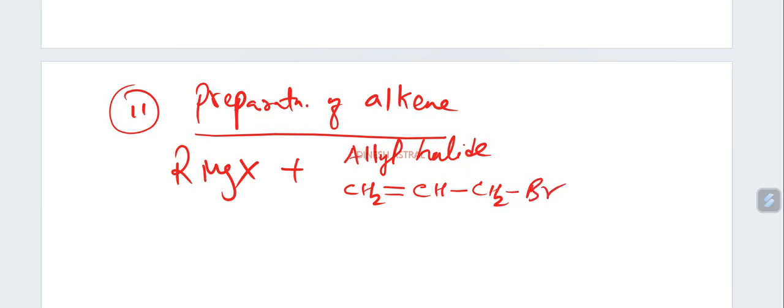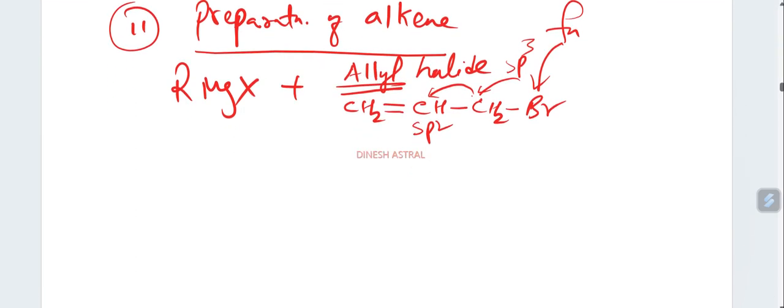This one is an example of allyl halide. How will you know that this group is allyl? See, if any functional group is bonded to an sp3 hybridized carbon, and this sp3 hybridized carbon is bonded to an sp2 hybridized carbon, then we will say such compound is an allyl compound. Is that clear to all of you?